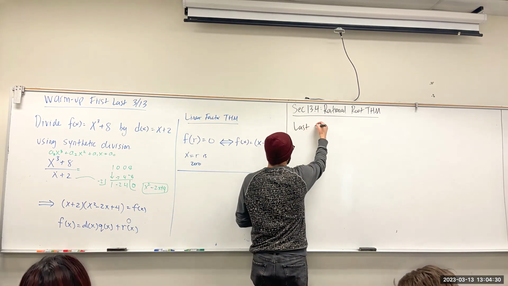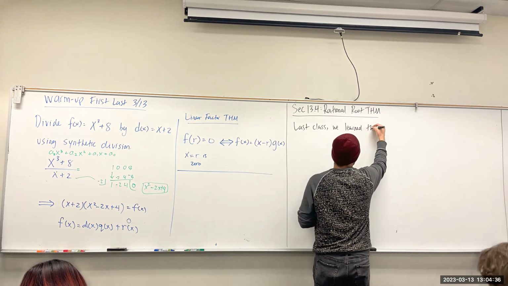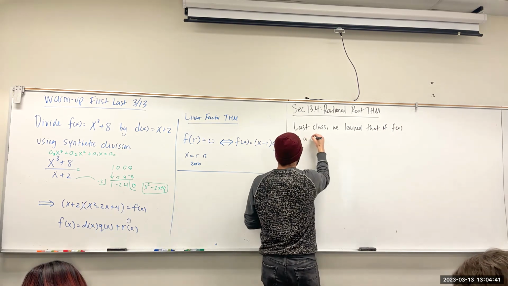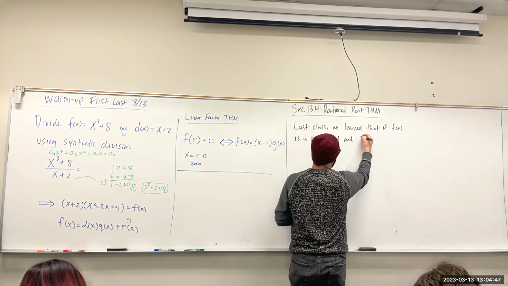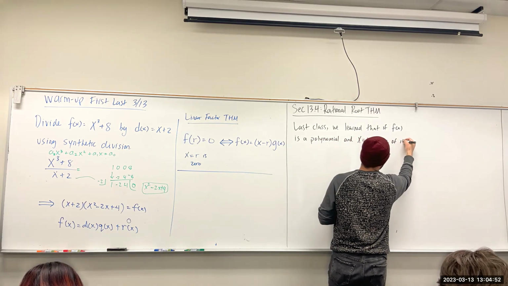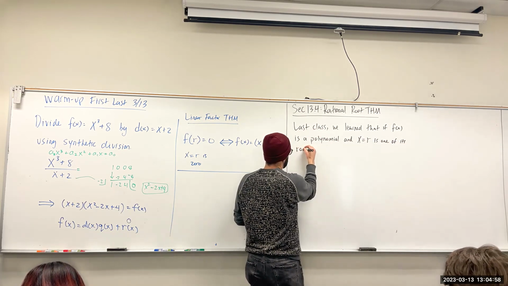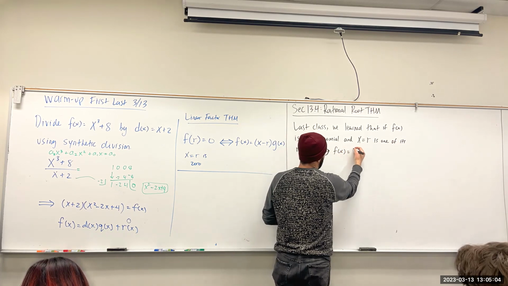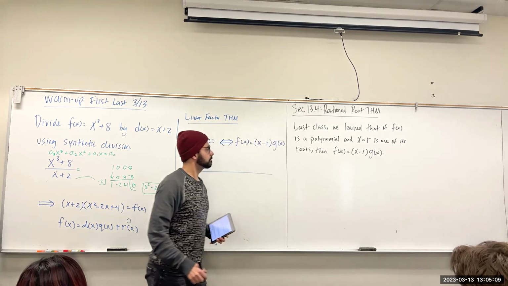Last class, we learned that if f of x is a polynomial and x equals r is one of its roots, then this function has to factor into x minus r times g of x.